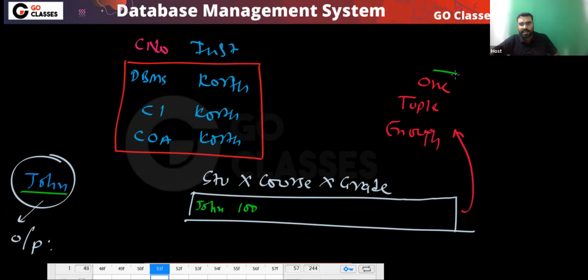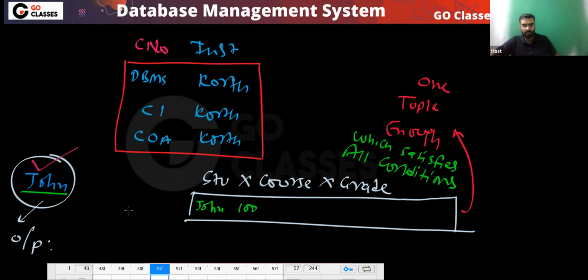See, this is what I'm saying again and again. One tuple is enough which satisfies all the conditions. So if you want Zone in the output, then one tuple is enough in the cross product where all the conditions are satisfied.